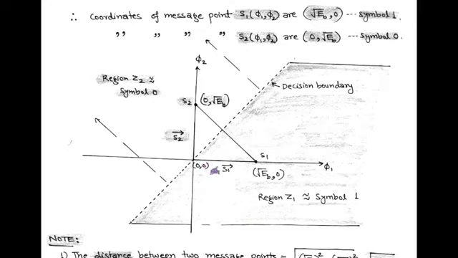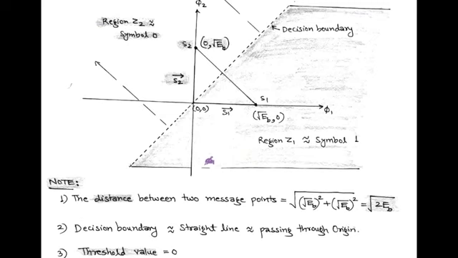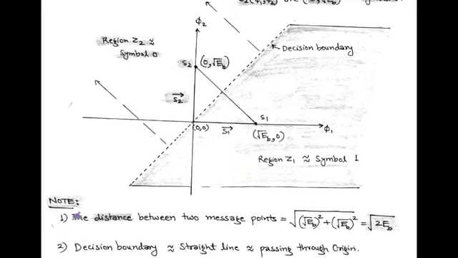And on this signal space diagram we have some observations. First point is the distance between these two message points, and the distance between S1 and S2 is equal to square root of twice EB.